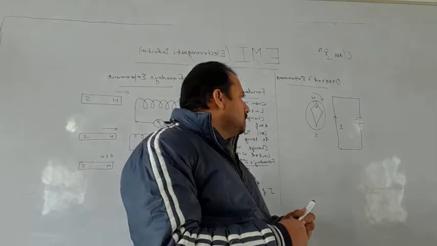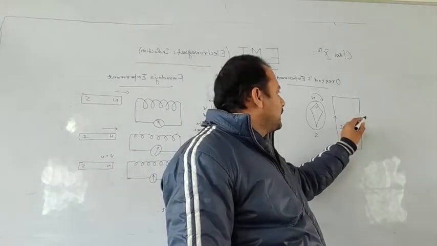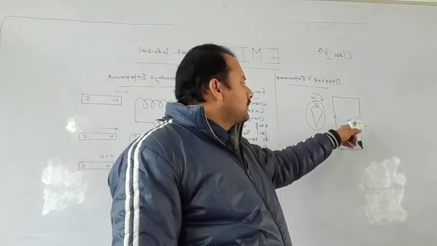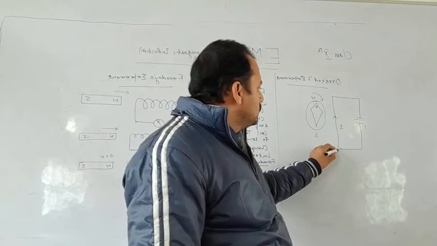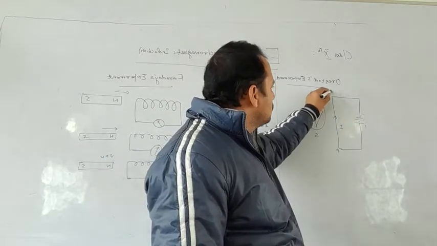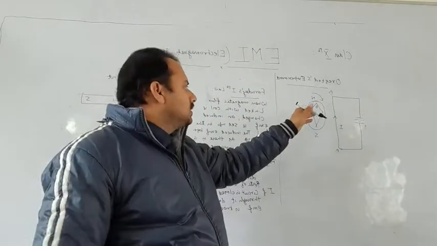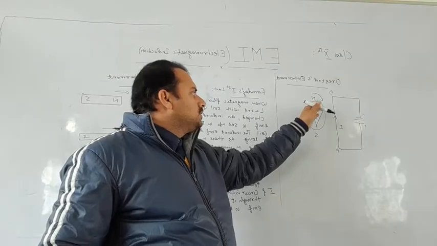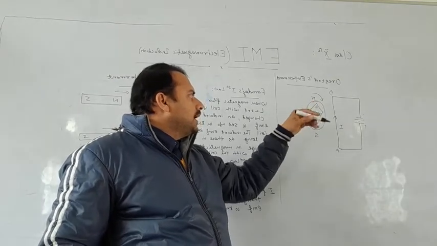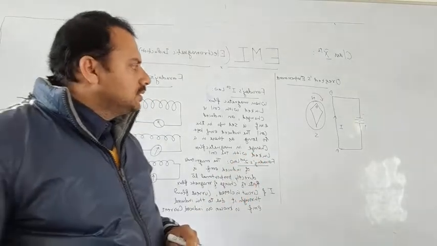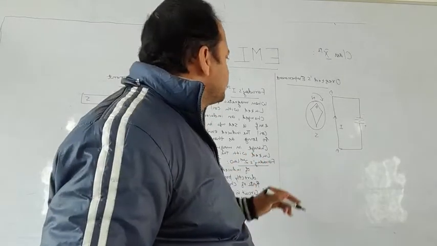So as you can see, this is the negative terminal and this is the positive terminal of the battery, and if current is flowing from A to B, there was a deflection in the needle of this magnetic compass, and that was toward the left as the experiment was performed at that time.